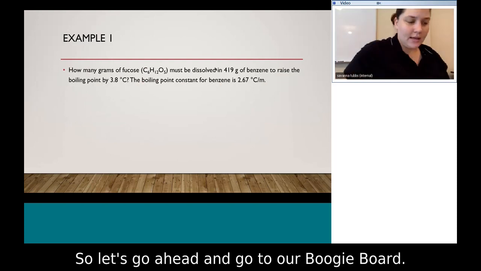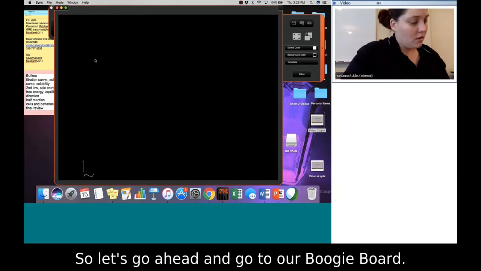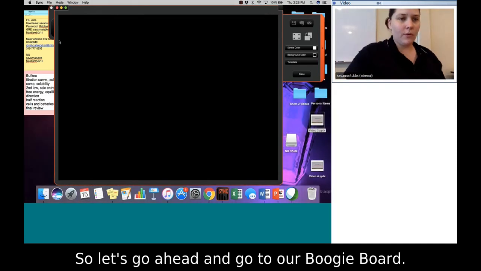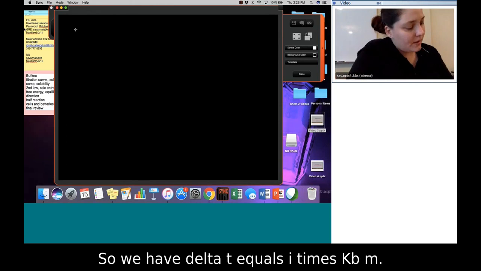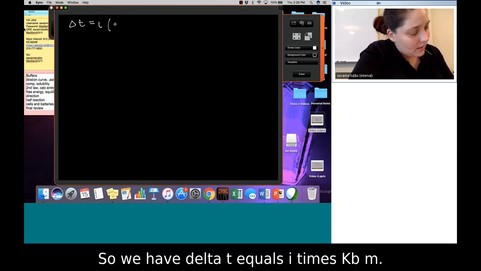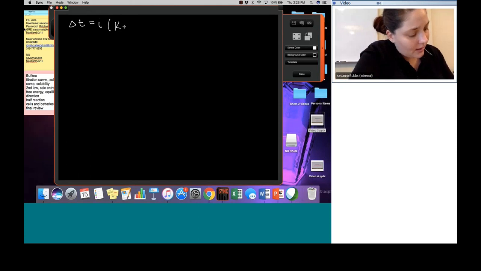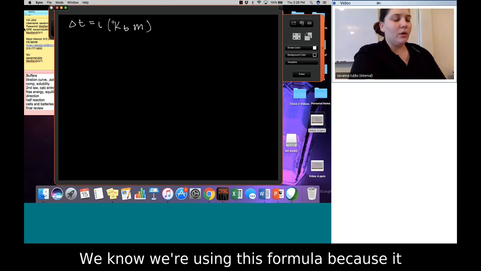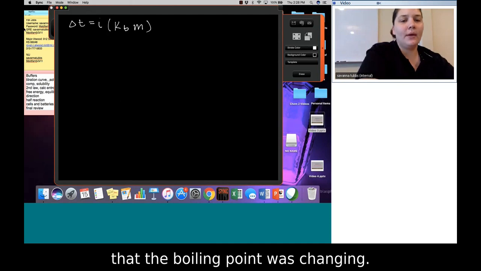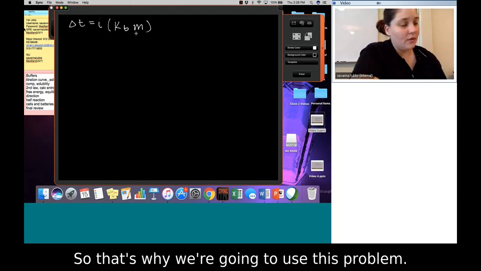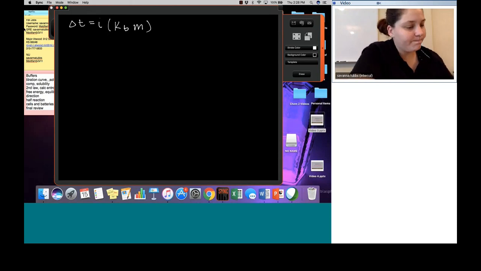So let's go ahead and go to our board. We have delta T equals i times Kb m. We know we're using this formula because it mentioned boiling point, that the boiling point was changing. So that's why we're going to use this formula.